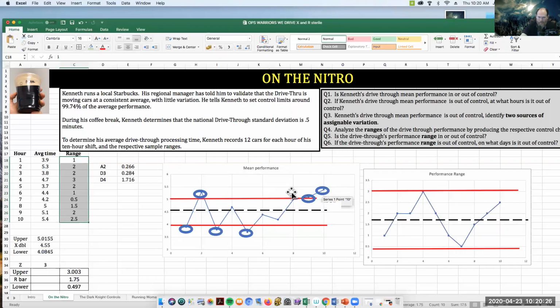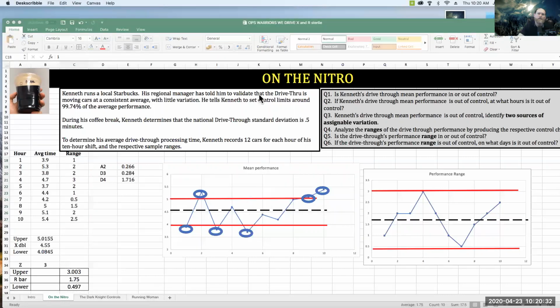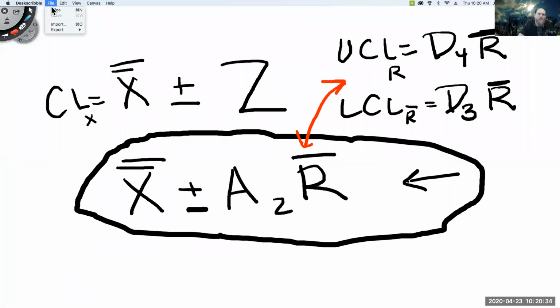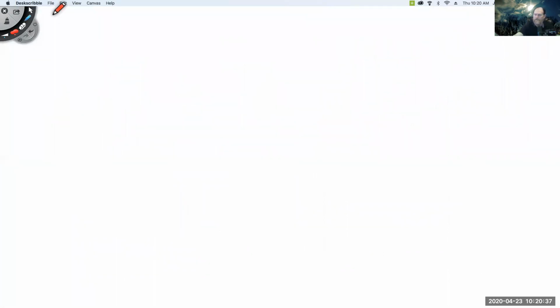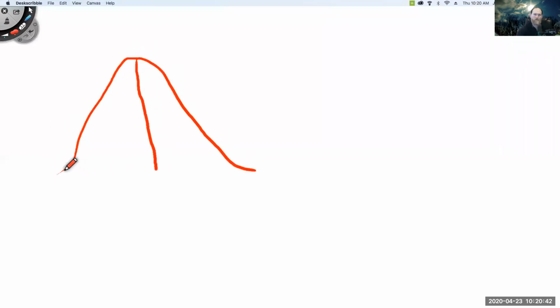Okay. And remember, the difference between the two is that my X chart, if I think this is the average performance, or at least what it's supposed to be, and I forget what we had, but what my X chart is going to say is if that mean performance is slipping. So for example, let's say that my drive-through time is actually getting greater, which means it's taking longer for cars to get through.